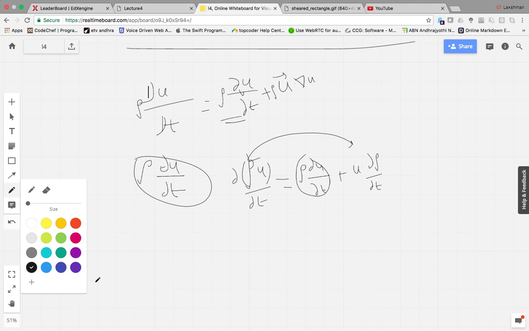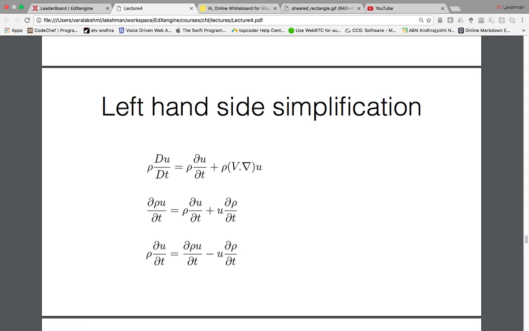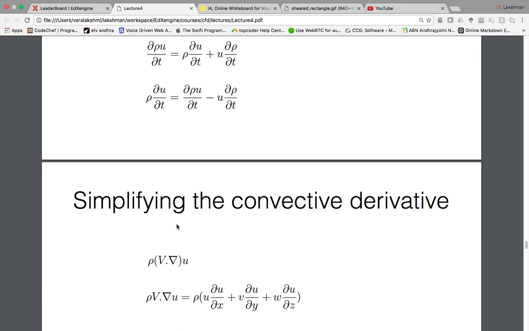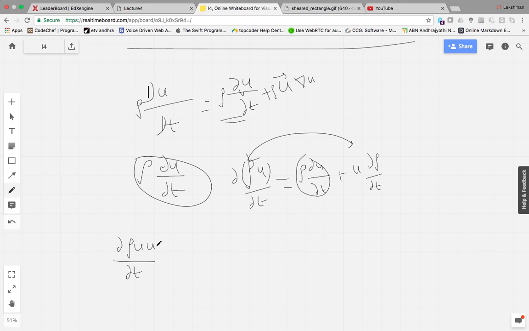And now similarly for rho V dot grad u, we will consider this one again. Let's see. Okay, I'm sorry, I wrote it wrong. I wrote it with respect to time.